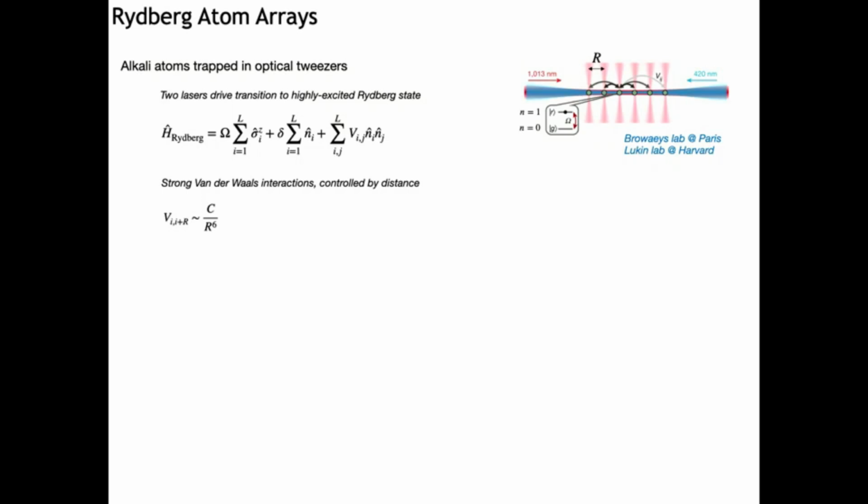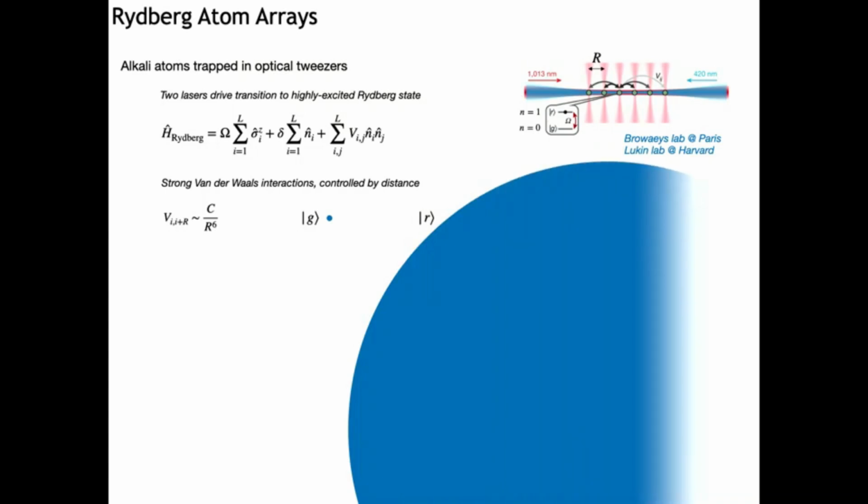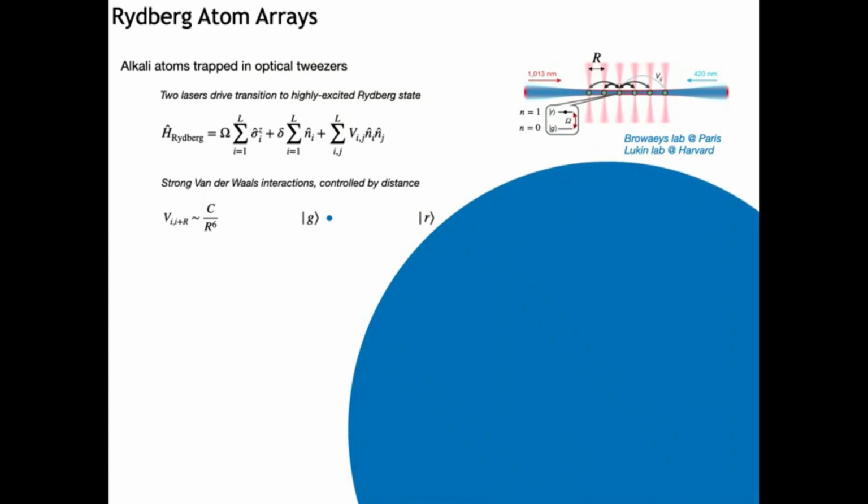So if you address a very, very high-lying Rydberg state, the overall strength of the interactions is giant, right? And physically, the intuition comes the following. If you picture the micro-trapped atom in its ground state as this little blue ball, so this is like the spherically symmetric wave function of the outer electron in the atom, right? Then the Rydberg state is essentially a giant ball, right?